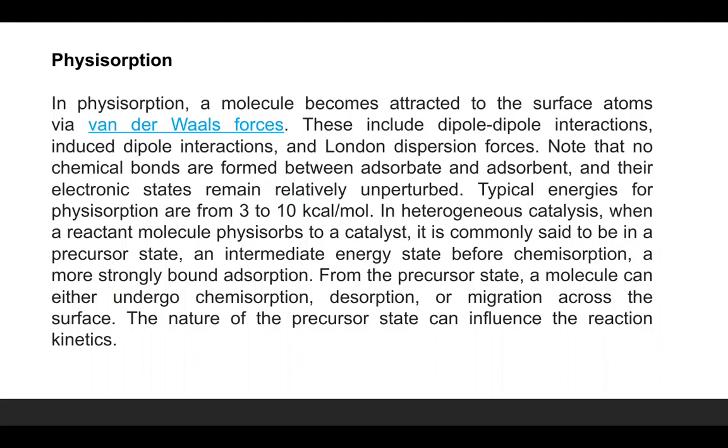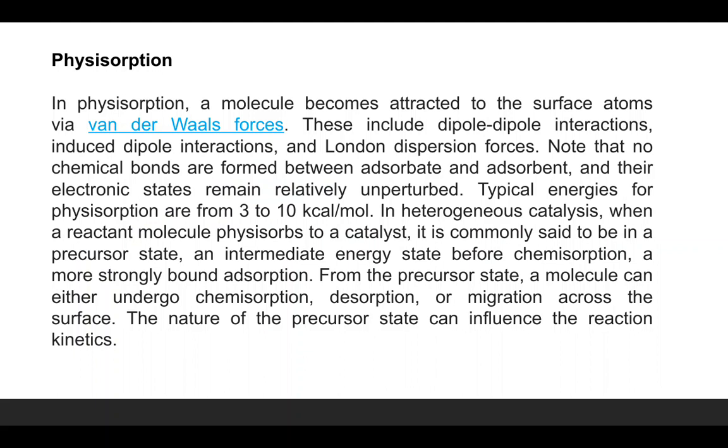So the typical energy for physisorption is from 3 to 10 kilocalories per mole. In heterogeneous catalysis, when a reactant molecule physisorbs to a catalyst, it is commonly said to be in a precursor state, an intermediate energy state before chemisorption.